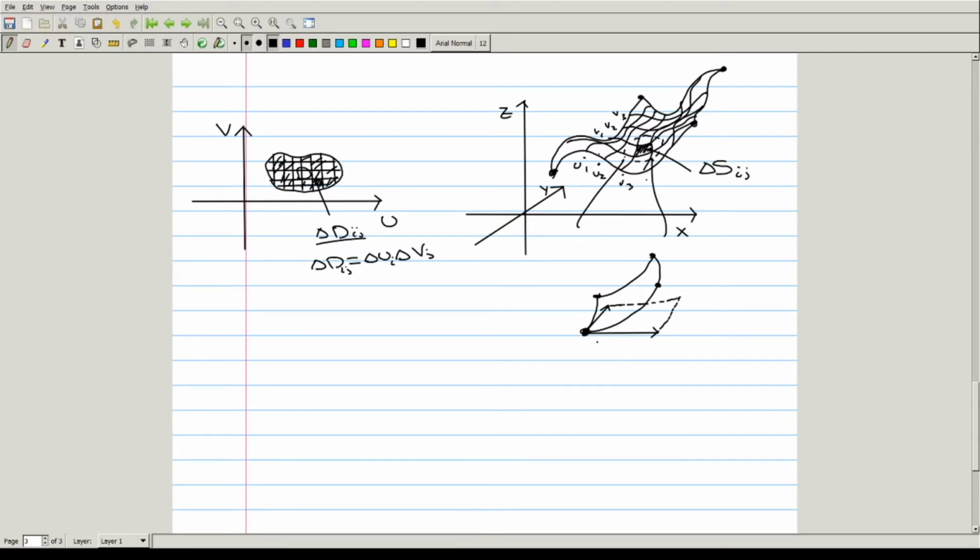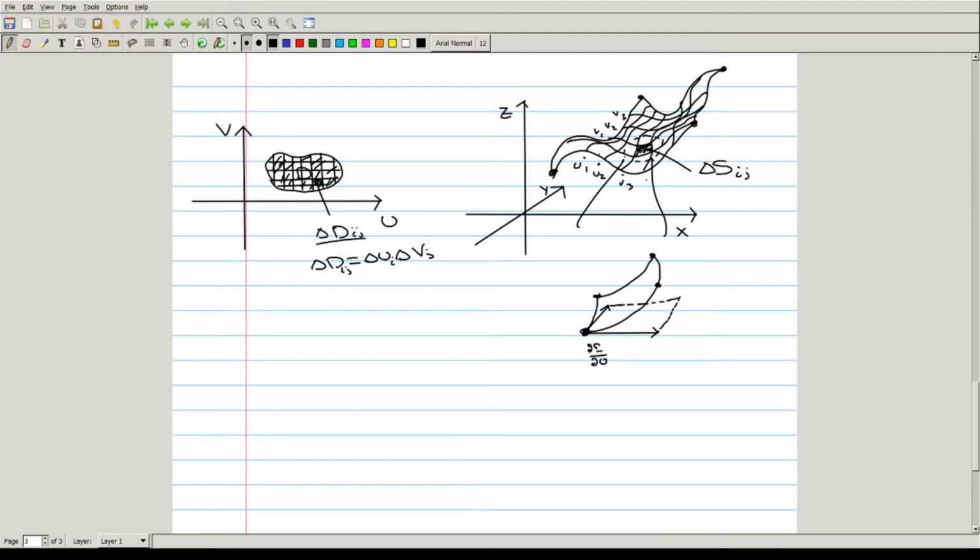It doesn't take much thought to realize that if I have a fixed value of v1, like this curve right here, taking the partial derivative of the position vector, partial r partial u, at any point is going to give me a vector that's tangent to the curve at that point.